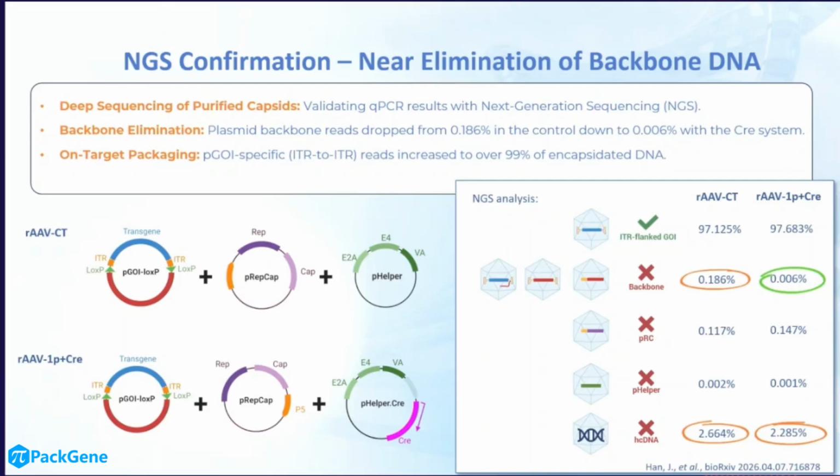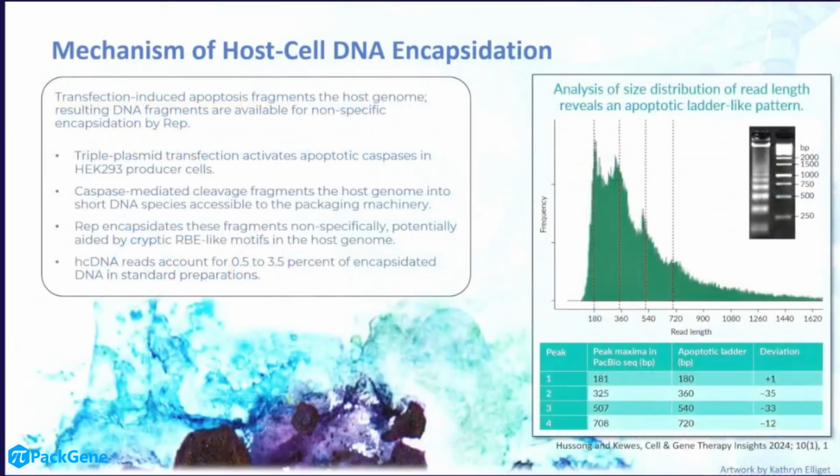So what about this host cell DNA? I think the evidence is mounting that what is happening there is that the stress of the transfection is causing apoptosis in the production cells. And so it stands to reason that if we can somehow inhibit the caspases, we would be able to prevent the apoptosis.